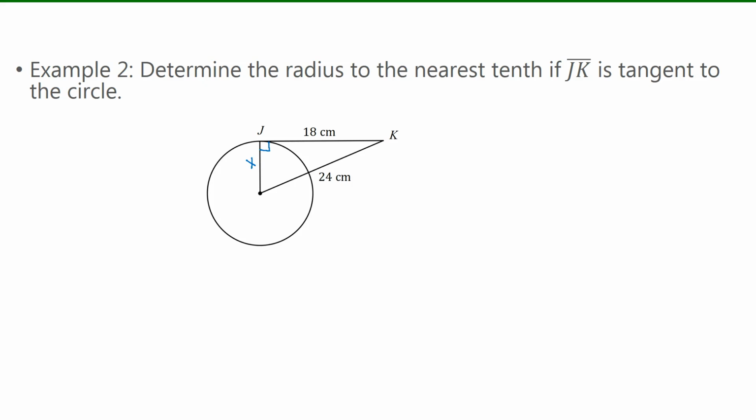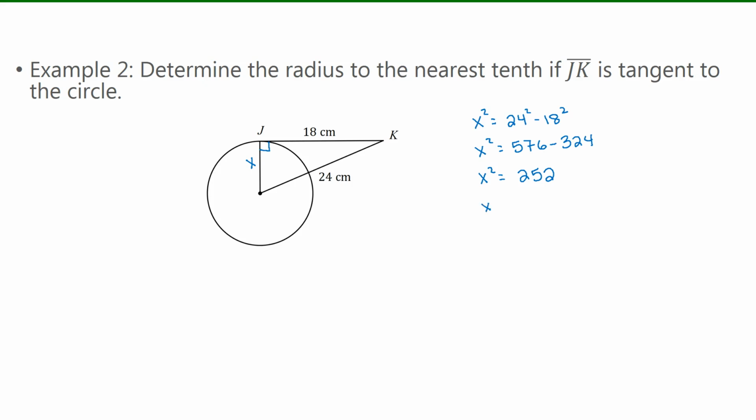Again, I'll set up my Pythagorean theorem by saying x squared is equal to the hypotenuse squared minus the leg squared. Now, 24 squared is 576 and 18 squared is 324. Subtracting that gives me 252.